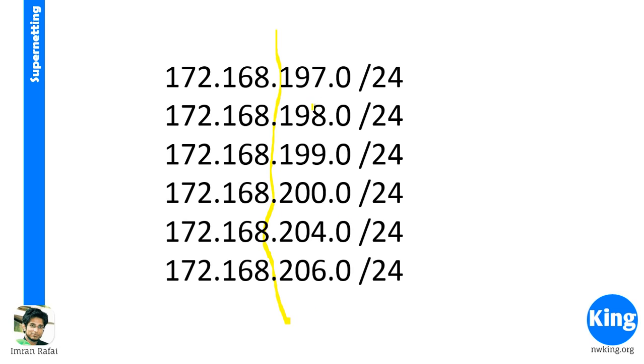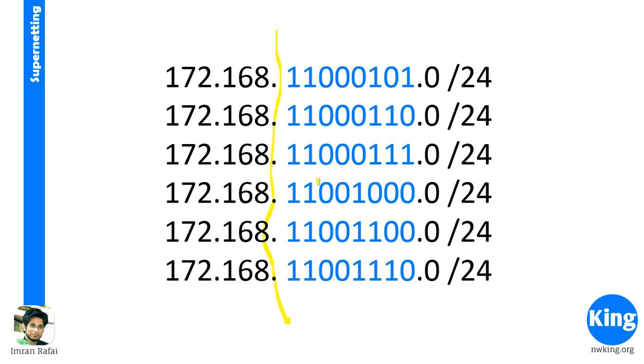The change is happening in the 3rd octet, so let's just convert that into binary. In this, let's see where the change is. Now, the first 4 bits don't change at all. It's only the last 4 bits that change. So the green part does not change at all if you compare these 6. Only the last 4 bits are changing, right?